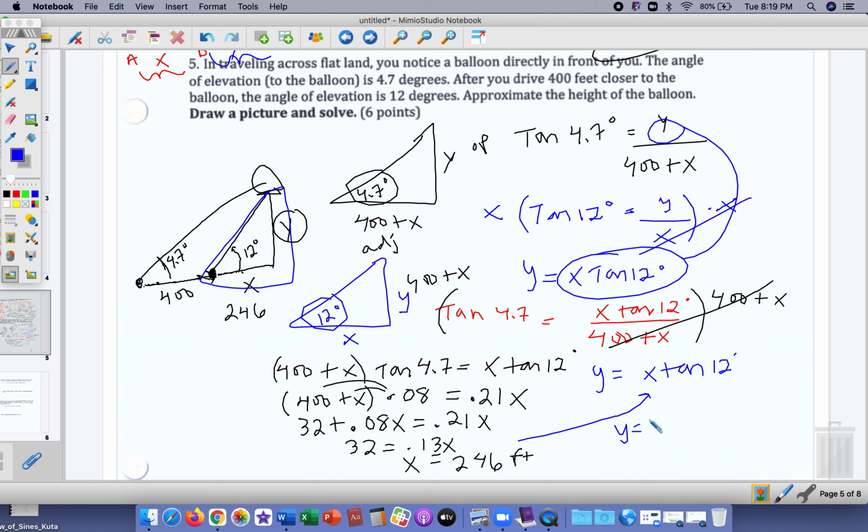So I'm going to do y equals 246 times the tangent of 12 degrees. And when we do that, we get about 53, so approximately 53 feet. That's the height of the balloon.